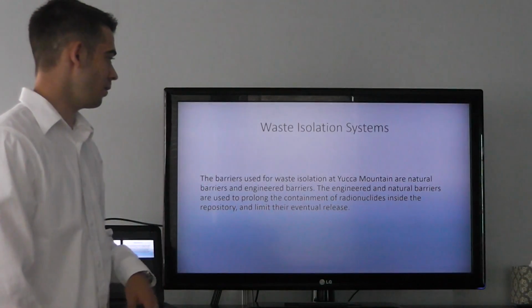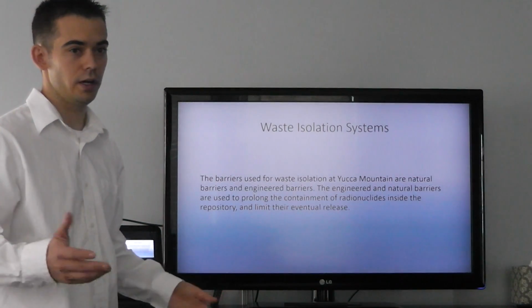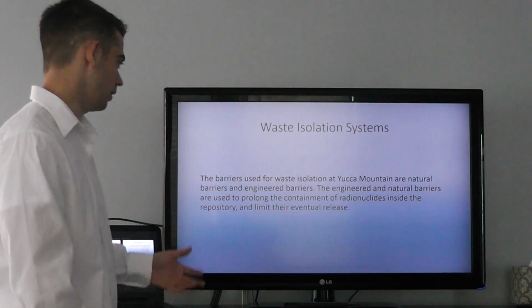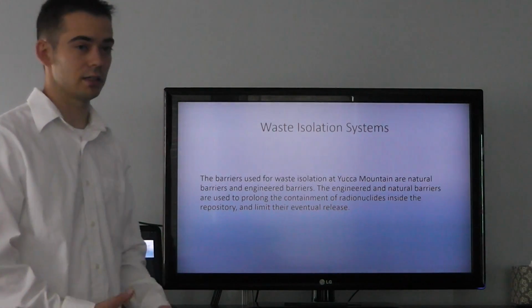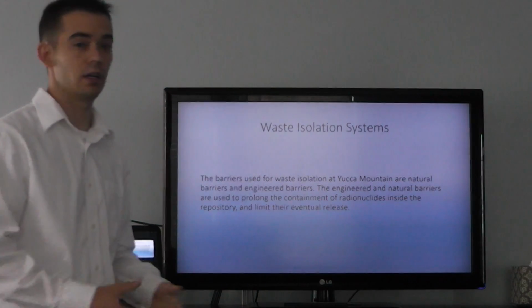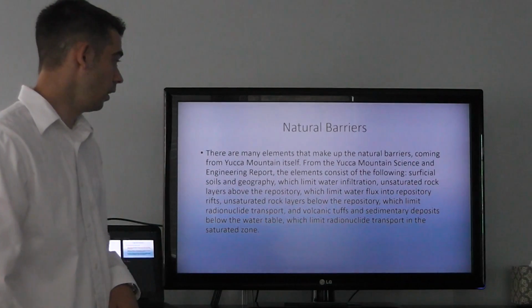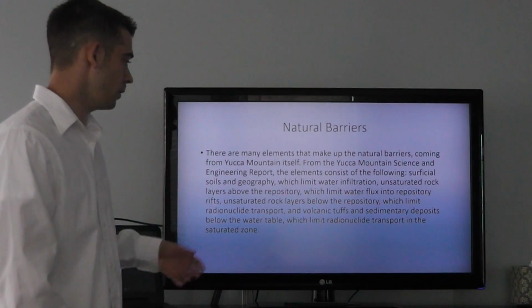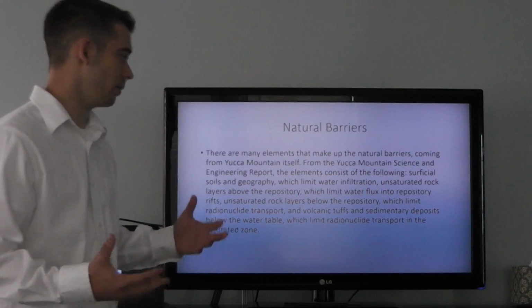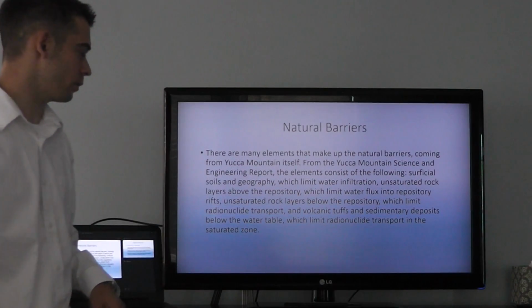The next thing I'm going to go over is the waste isolation system. We have natural and engineered barriers, and they're used to prolong the containment of radionuclides inside the repository and to limit their eventual release. The natural barriers are the actual rock and mountain itself, which limits the water infiltration.